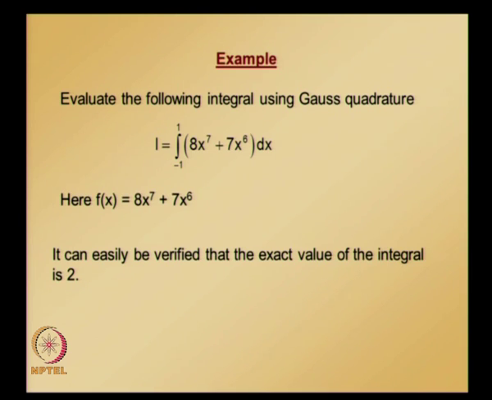Since the order of polynomial is 7, 2n minus 1 is equal to 7. So, you can back calculate n is equal to 4. So, when we adopt 4 Gauss points, we are going to get this integral value exactly. Now let us try using 1 point, 2 point, 3 point and also 4 point, and let us see how the solution converges.